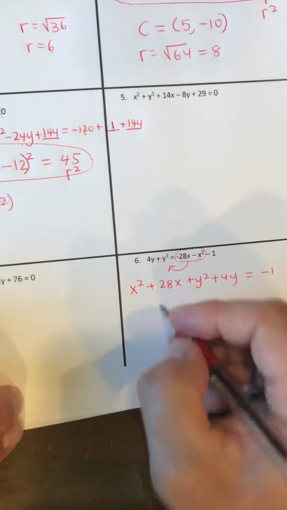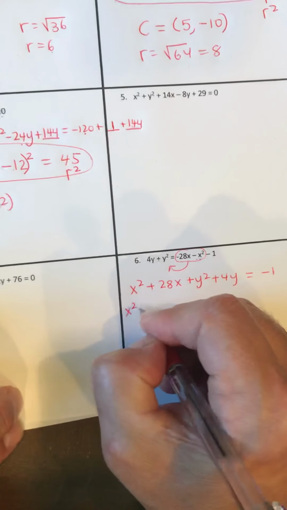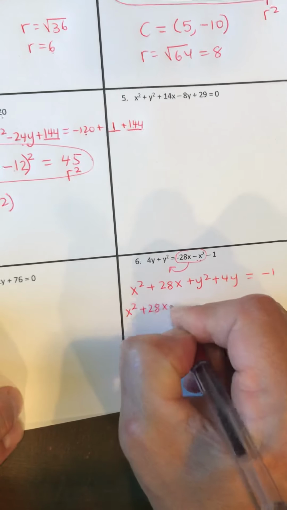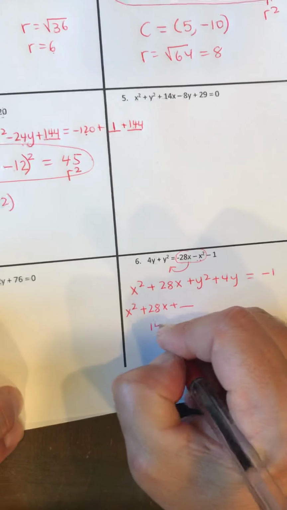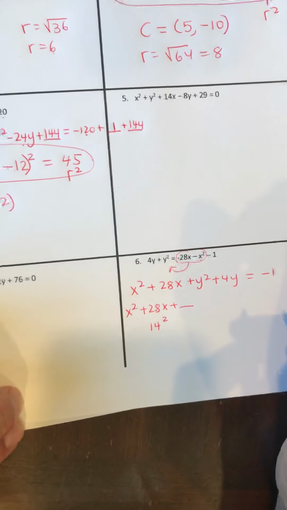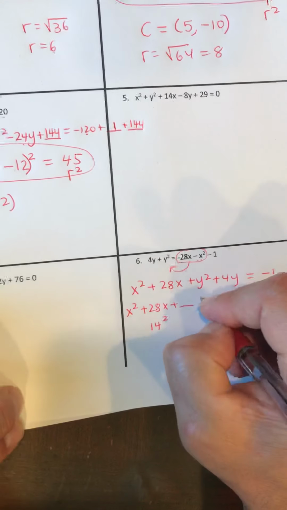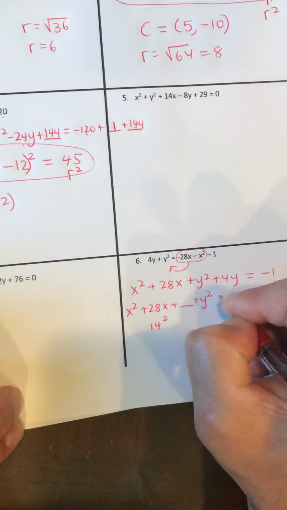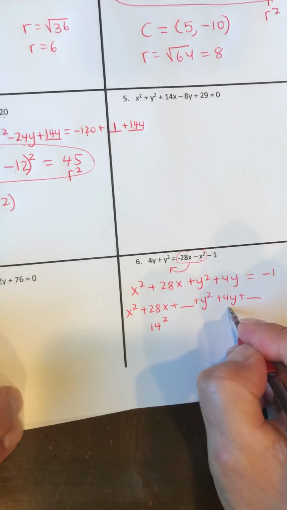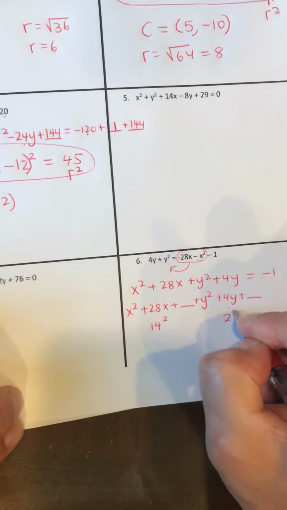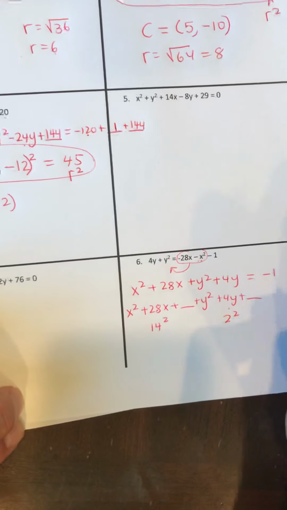Now I'm going to complete the square. I have to take half of 28, which is 14, square that, and add that to both sides. I have to do the same thing with the y's. I take half of this 4y, which is 2, square it, and add it to the other side.